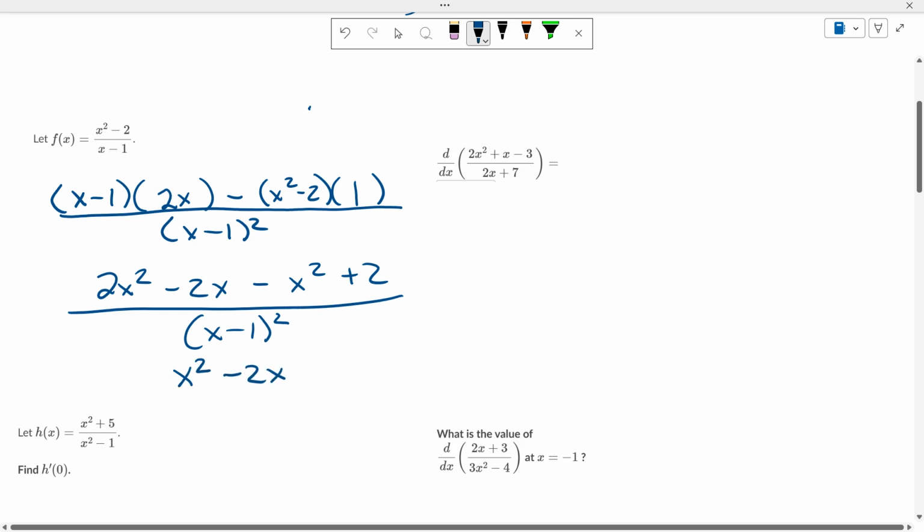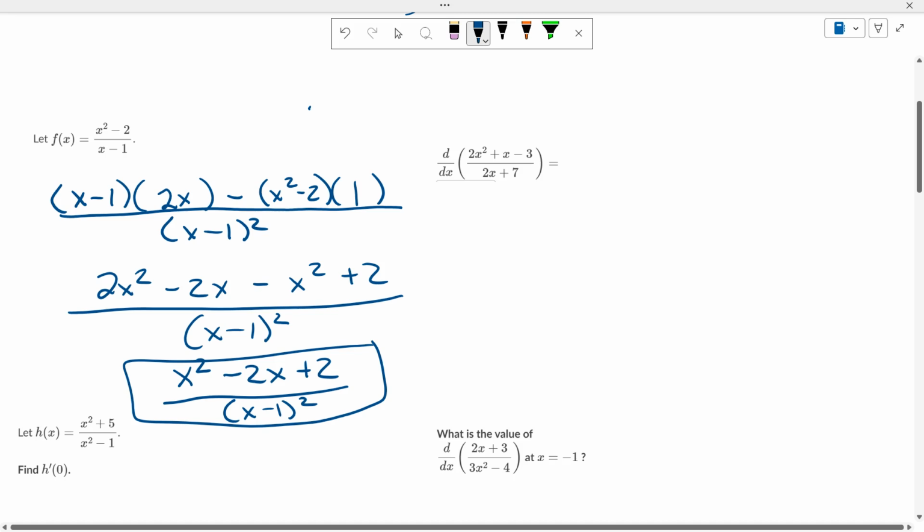So it's x squared minus 2x plus 2 over x minus 1 quantity squared. That one wasn't so bad. Some of them get complicated. This one will be a little bit more complicated here. So the quotient rule is the denominator, 2x plus 7, times the first derivative of the numerator. What's the first derivative of that numerator?